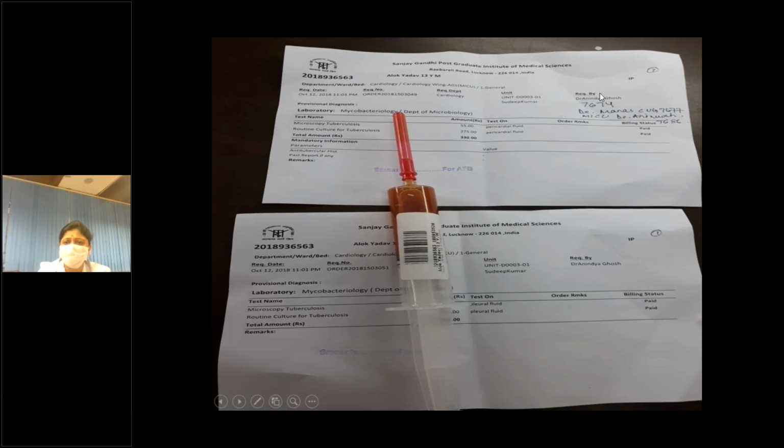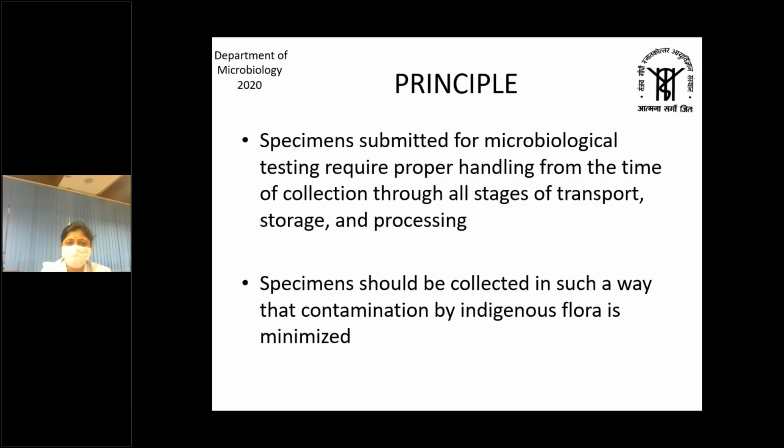On calling up the concerned resident on the CUG, we were told that he has absolutely no idea and someone else has used his login and password, which is the most common answer that we get upon inquiring about that sample or patient. And then we were given one or two other numbers, but we still could not find out who had collected the sample and whether it was a pericardial fluid or a pleural fluid, and both forms had to be sent back to the ward.